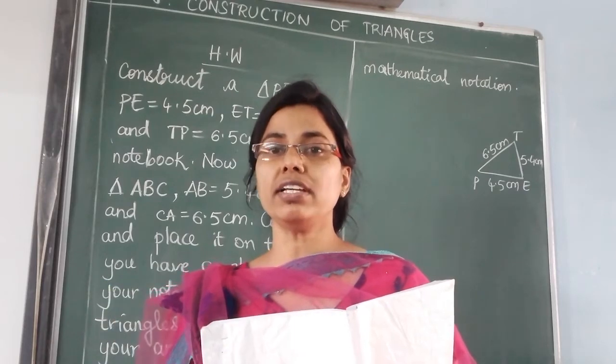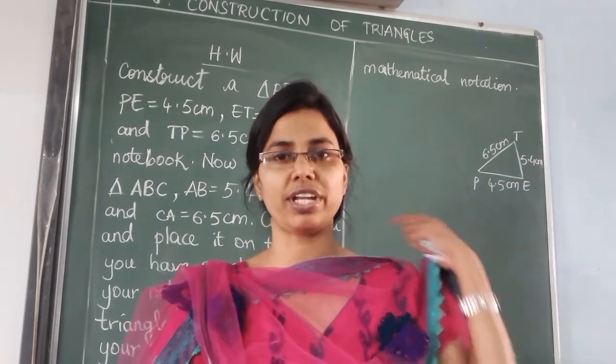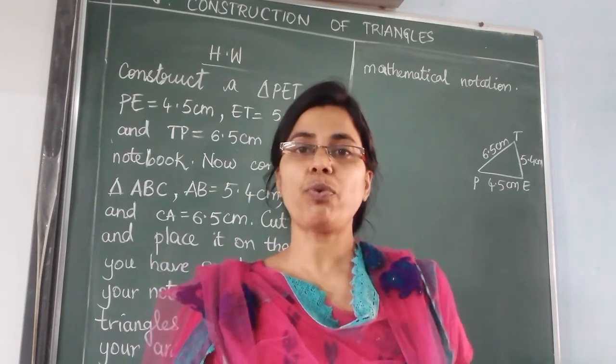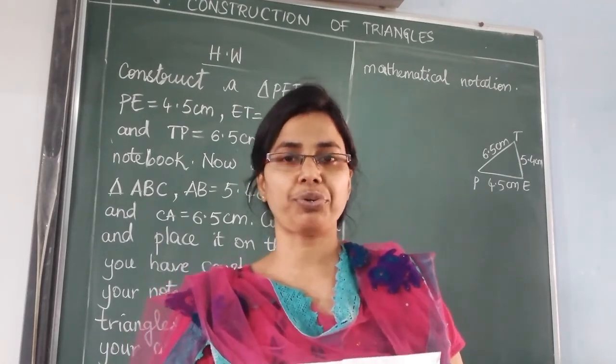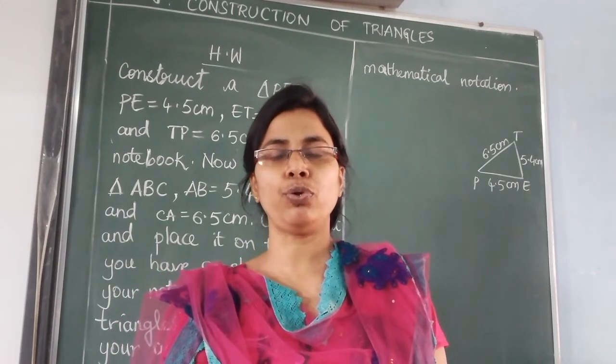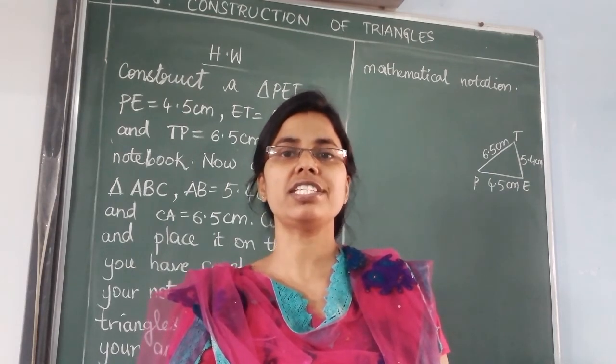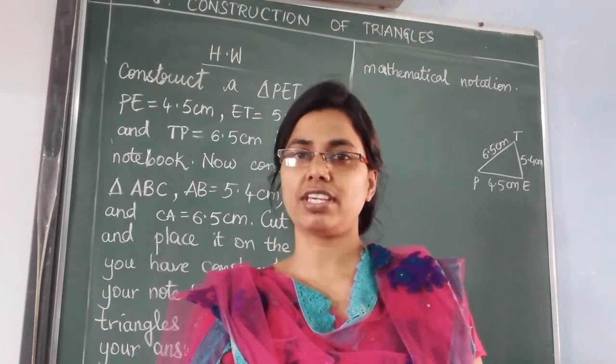Yes, when all the angles and all the sides are equal, they are congruent triangles. So check whether you have got congruent triangles. And if you have, then use the symbol of congruency between triangle PET and triangle ABC.